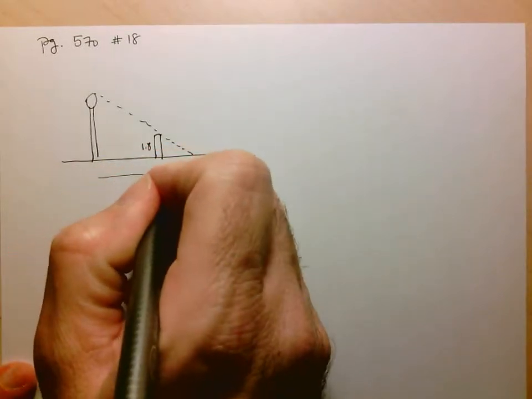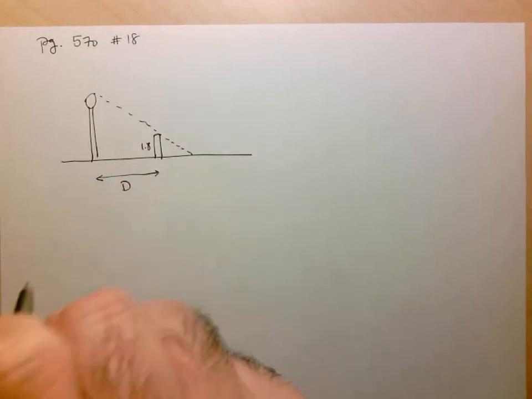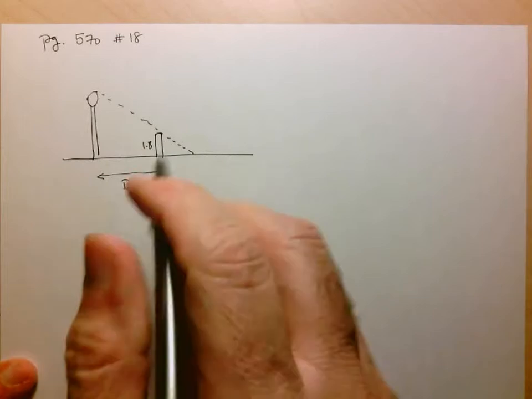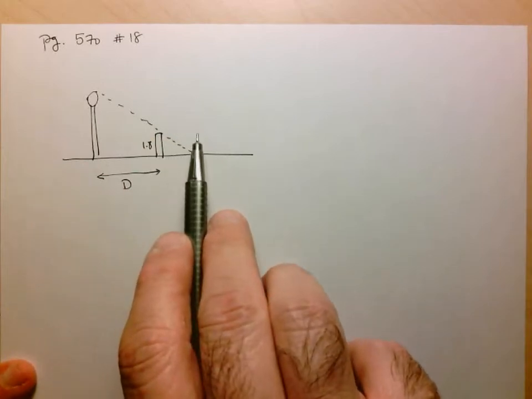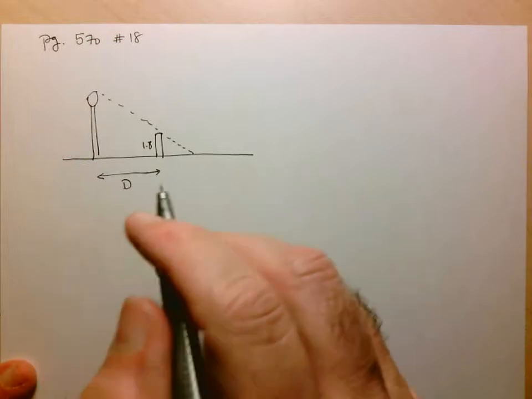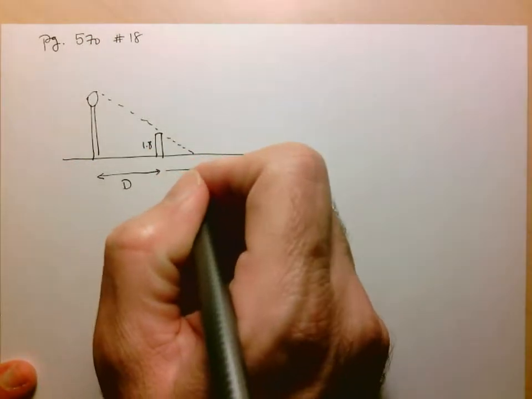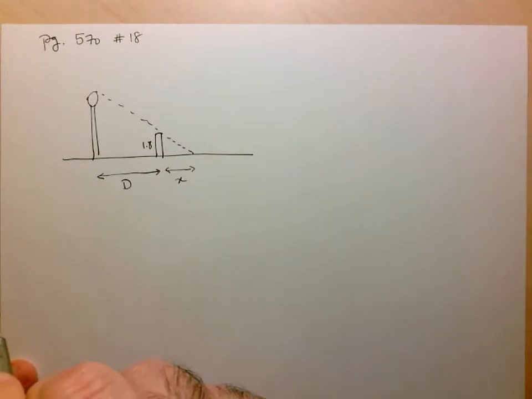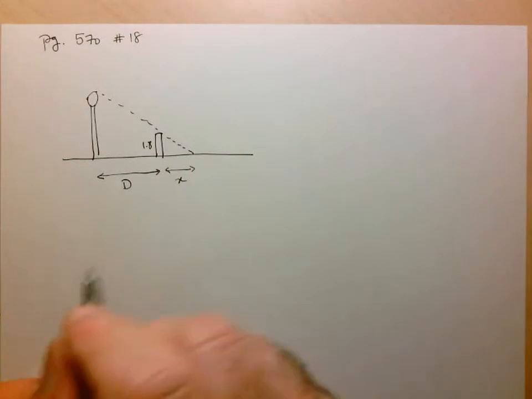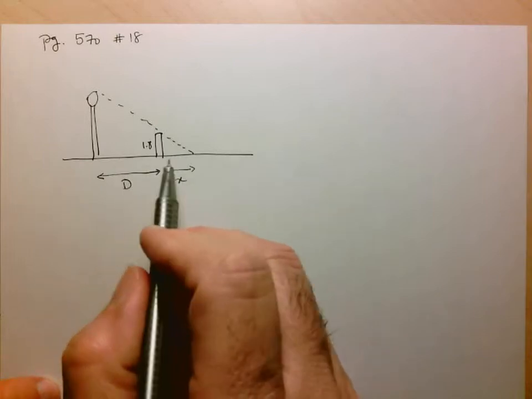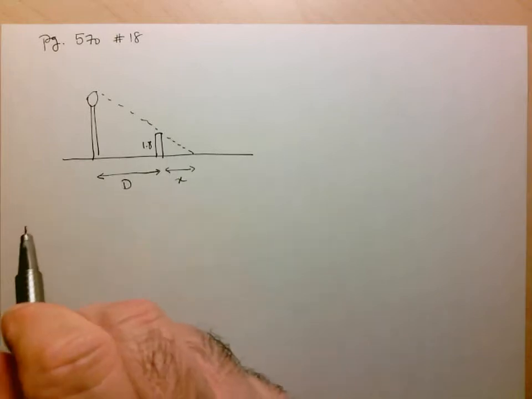So we're going to be interested in this distance, which is increasing over time. And as the man walks away, it makes sense that the shadow is going to get longer and longer and longer. So what we want is to determine how this length is changing over time, and it should be increasing. So we need to find a way to relate these two quantities.